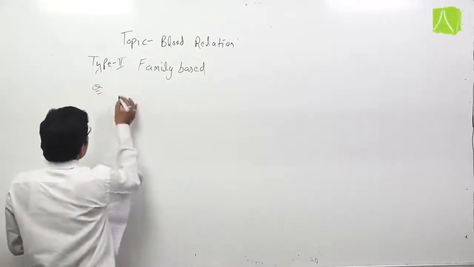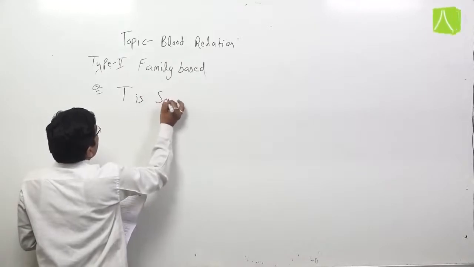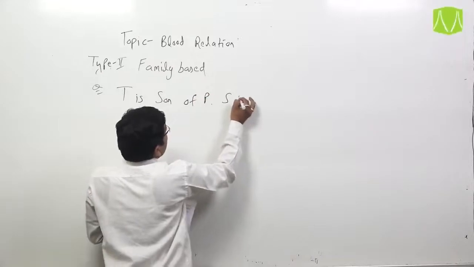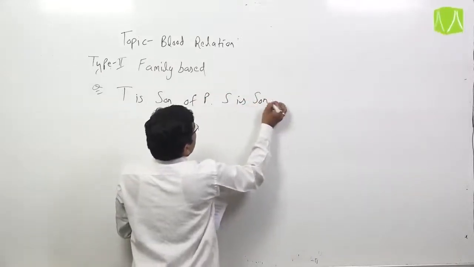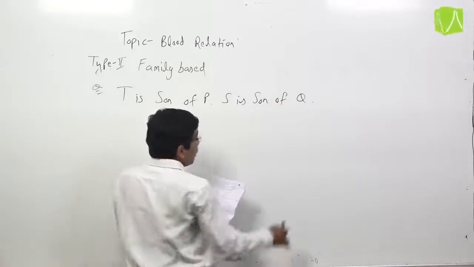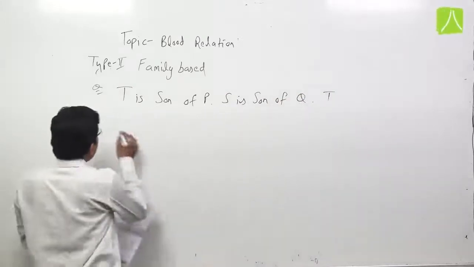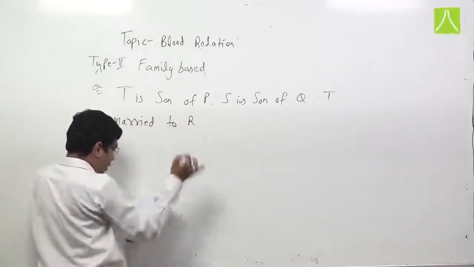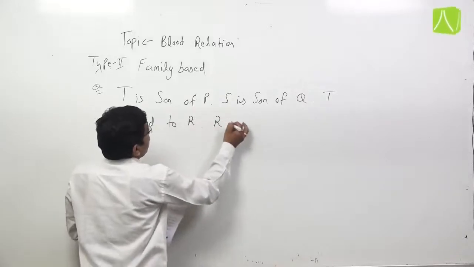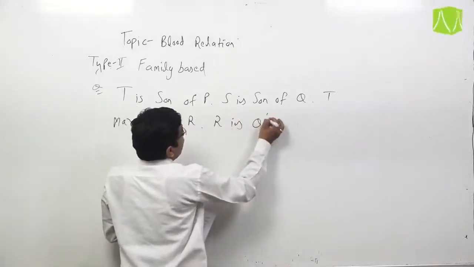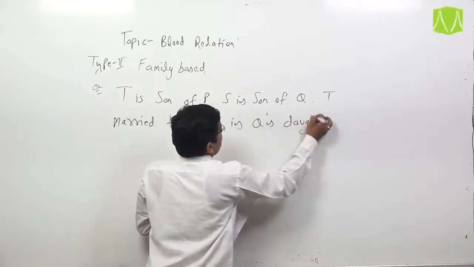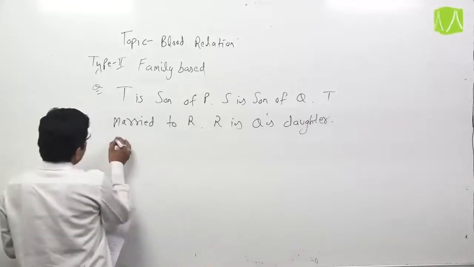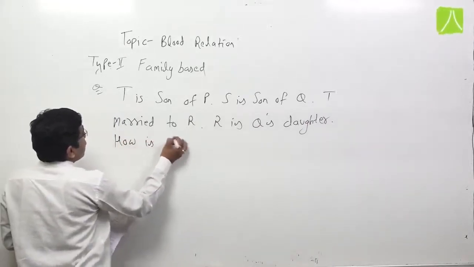According to the question, suppose T is son of P, S is son of Q, T married to R, R is Q's daughter. Question is, how is S related to T?